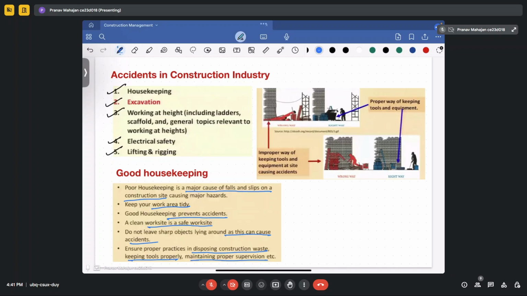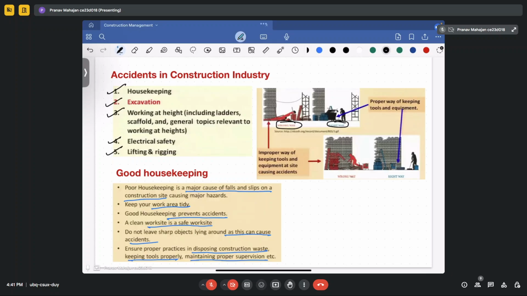From the figure, you can see that this is the wrong way of keeping the tools and equipment at particular sites, and this is the right way of keeping tools and equipment for the site.